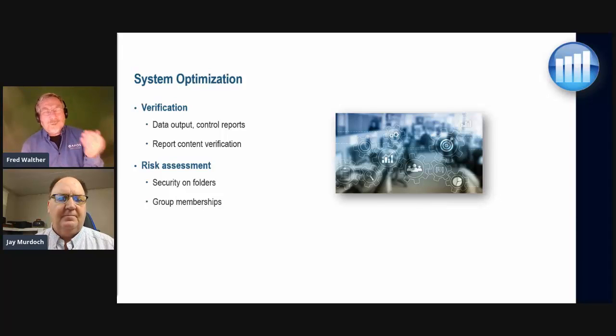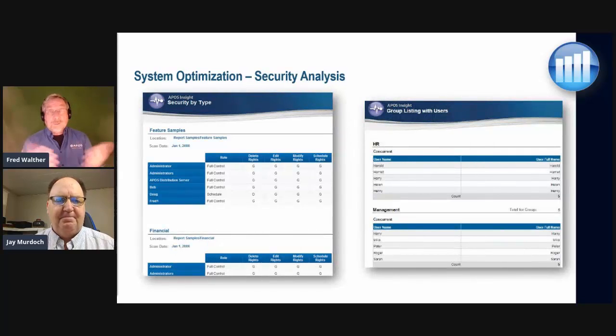Also, Jay, looking at risk assessment, looking at security on folders, ensuring that the right groups have the right access to the right folders, and conversely, that the wrong people don't have access to things that they shouldn't have. Right, exactly. And that goes to this security analysis report, so we can report on what groups have what access to what resources on our system, and being able to verify that and prove that out.